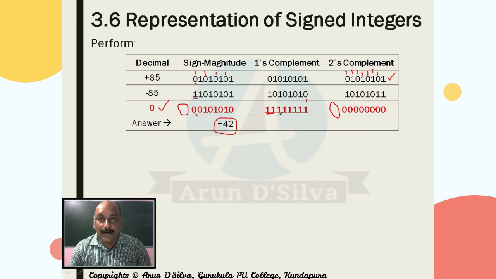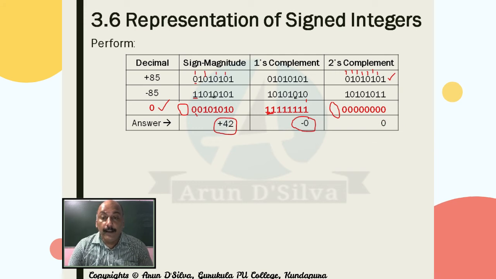If you take the 1's complement, you get minus 0. You get minus 0. Now the third one is there. Here all the digits are 0, this is 0.